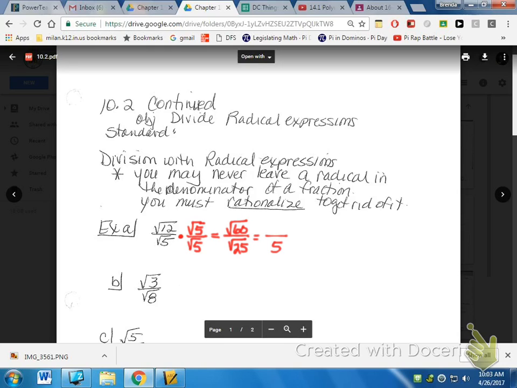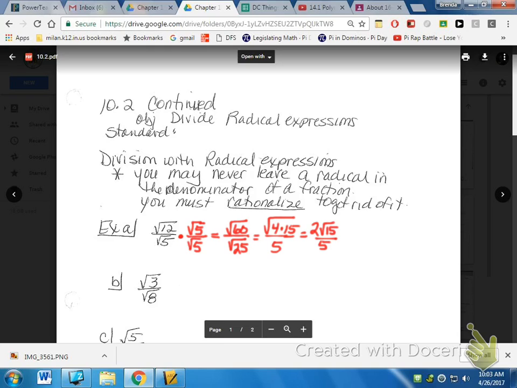So that happens. Now with 60, are there any perfect squares in 60? And the answer is yes, 4 times 15. And then from yesterday, let's do it like this. What would the 4 come out as? 2. So I'm going to write 2 radical 15 over 5.